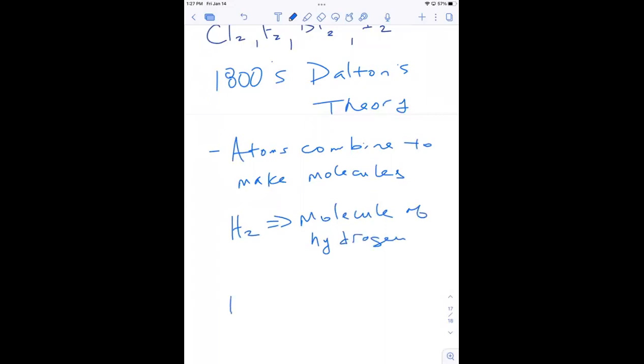If we think about water, H2O, that's two hydrogen atoms bonded to an oxygen atom. It looks like this. Okay, all right, no problem, Brooklyn. Thank you. All right, so this is a molecule of water.